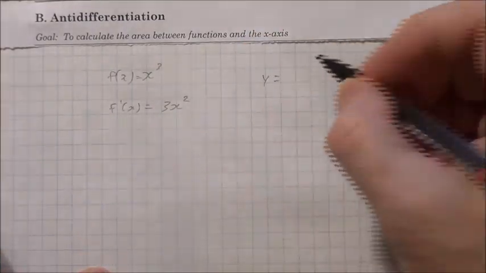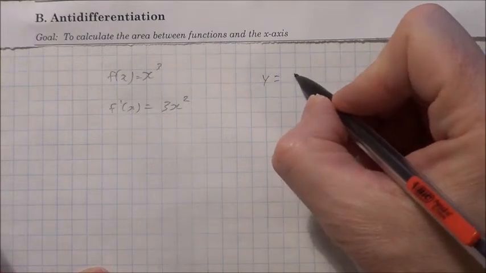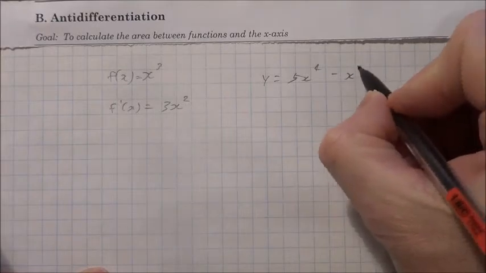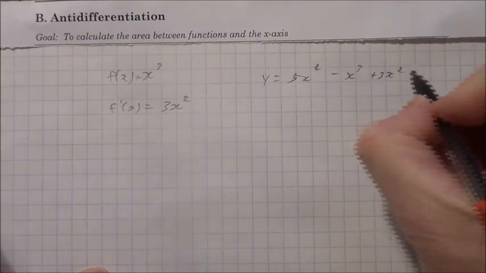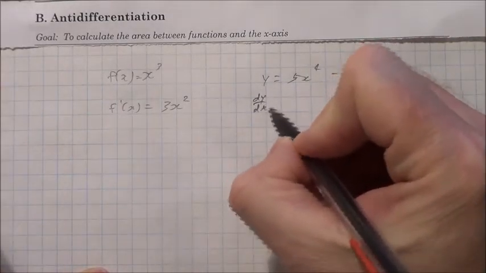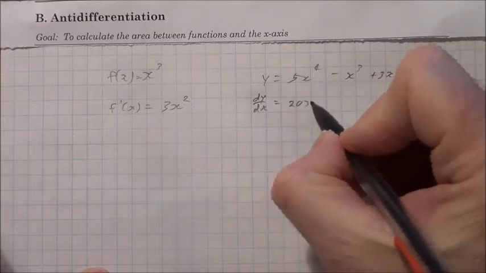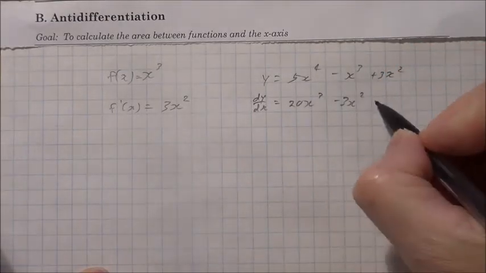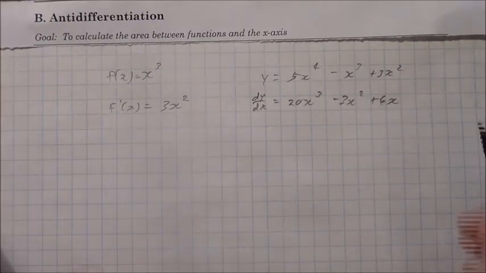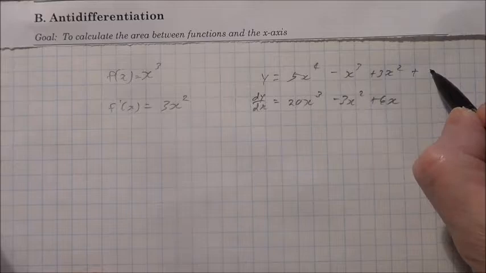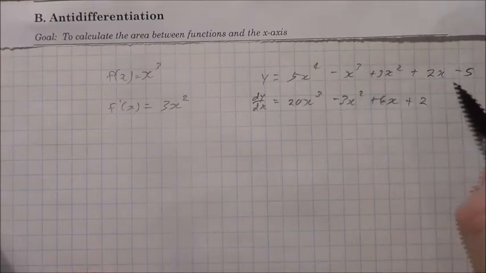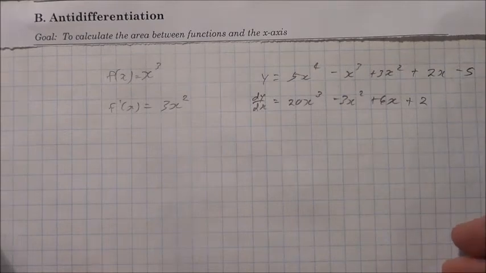If we say y equals, for example, 5x to the power 4 minus x cubed plus 3x squared, etc., then the derivative is 20x cubed minus 3x squared plus 6x. Actually, I'm going to go a little bit further here and say, let's say this is 2x minus 5. Then we go plus 2, and that minus 5 just becomes 0, so it drops out.